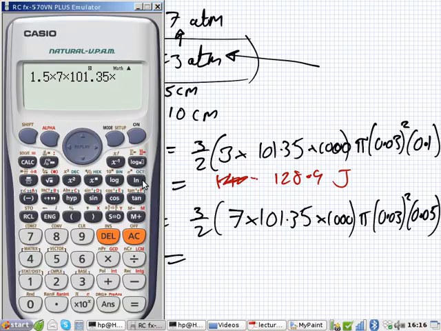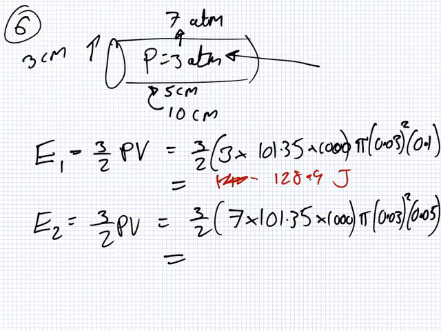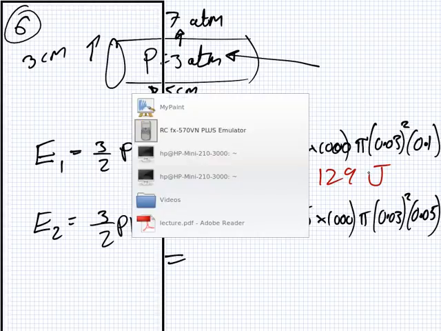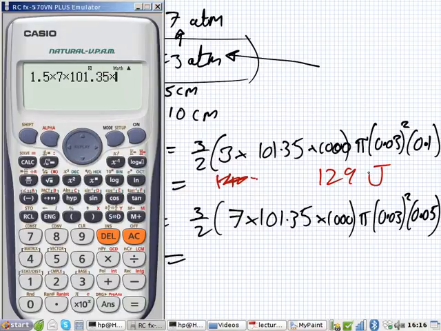I was being lazy. 1.5 times, 1.81 times 1,000 times pi. That's about 150.